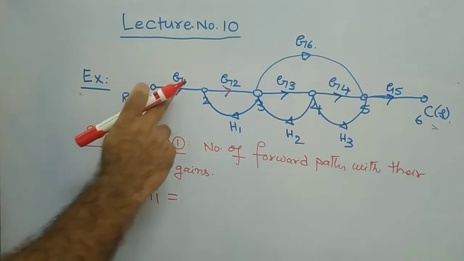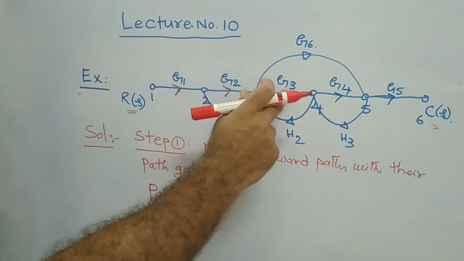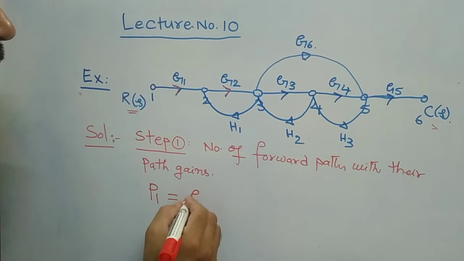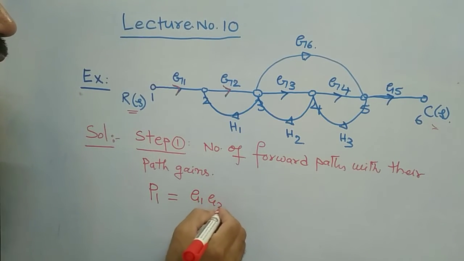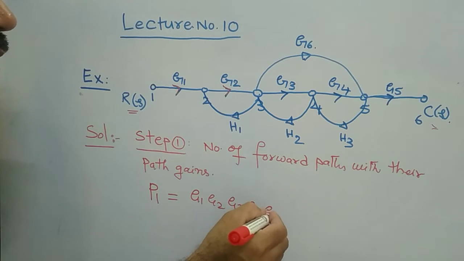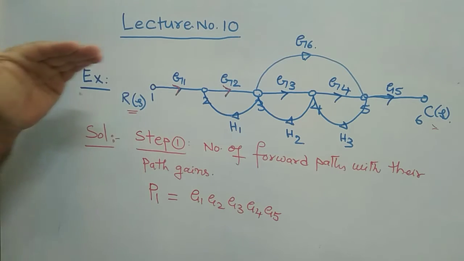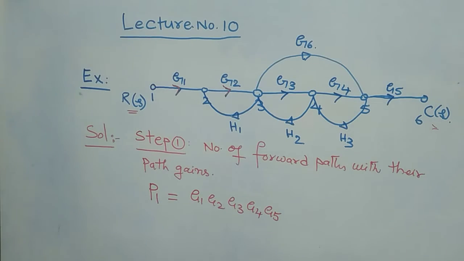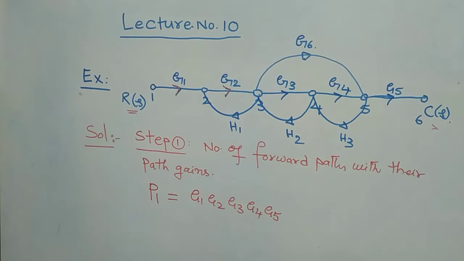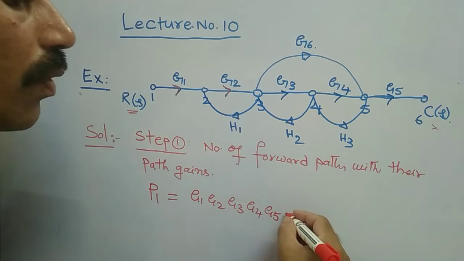It is simply G1 into G2 into G3 into G4 into G5. That gives your first forward path with its corresponding path gain.